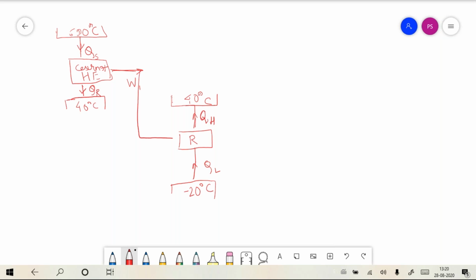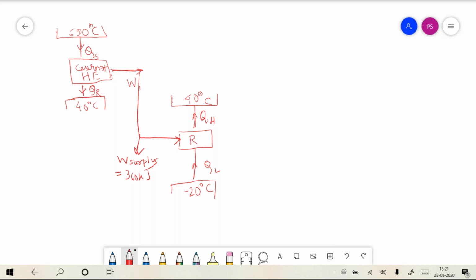What is given is that the work produced from the Carnot engine is supplied to the refrigerator, and in spite of supplying this, you are still left with surplus extra work, which is the net output. That net output is given to be 360 kilojoules.